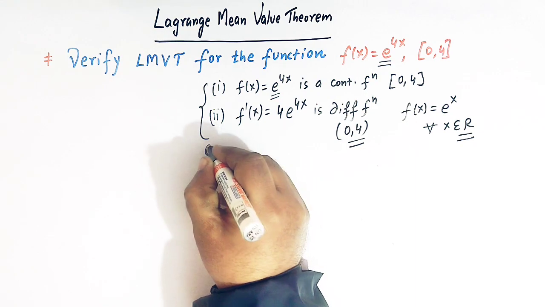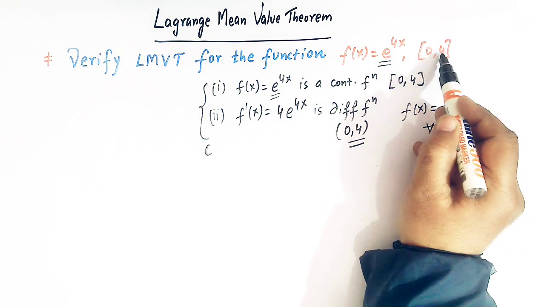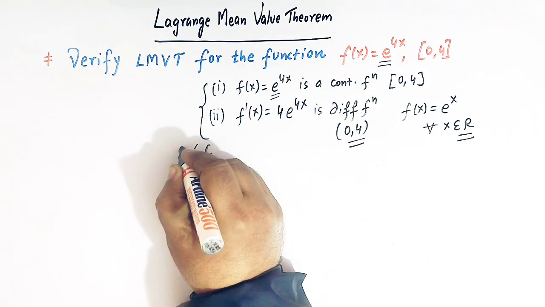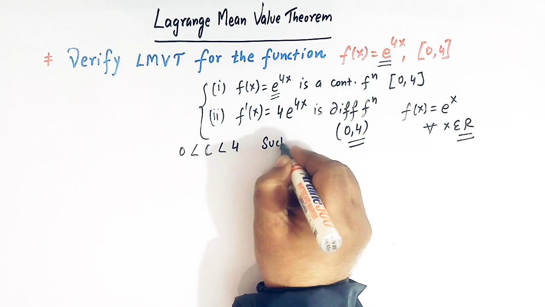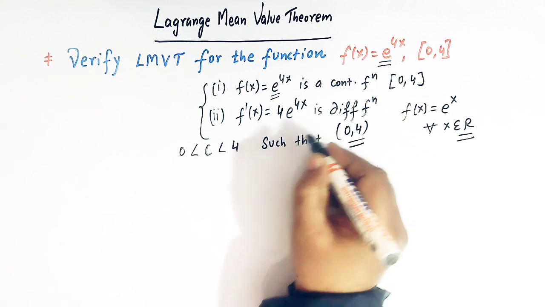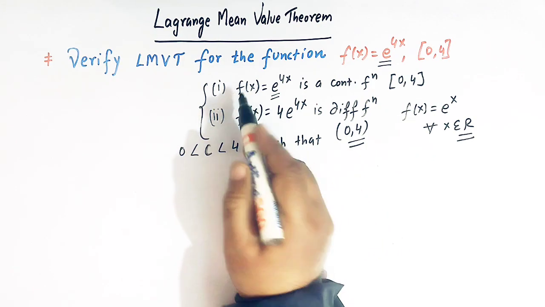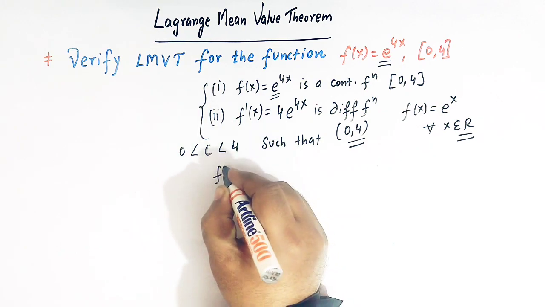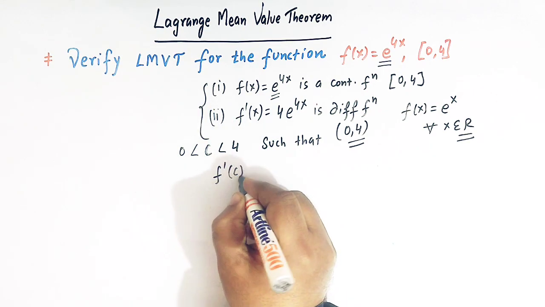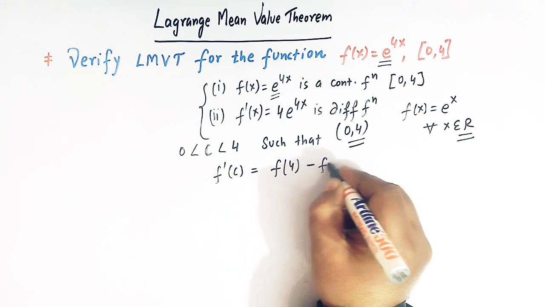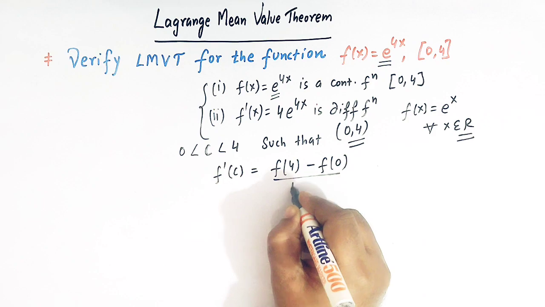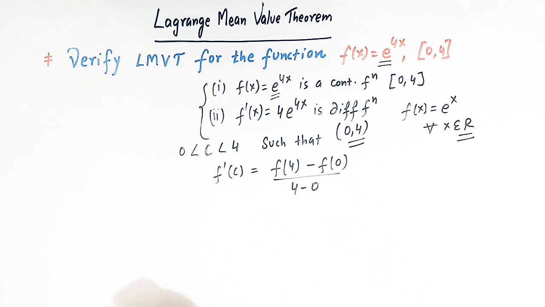So the function f of x is continuous and differentiable, so there must exist some point c between these 2 points, that is c should be greater than 0 but less than 4, such that the derivative of this function f of x at this point c should be equal to f of 4 minus f of 0 divided by 4 minus 0, right?